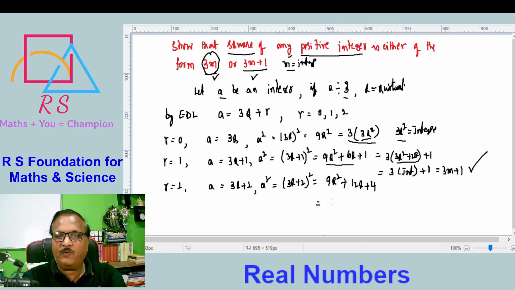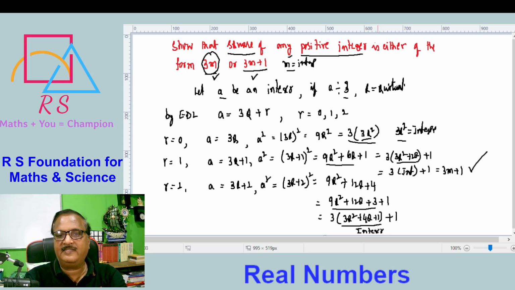Now what I can do: 9q square plus 12q plus 3 plus 1 I will write. 4 I have written as 3 plus 1. So in this I can take 3 common: 3 into 3q square plus 4q plus 1, plus 1. So this entire thing is an integer, because q is an integer, everything is an integer, whether it is odd or not, it is not given.